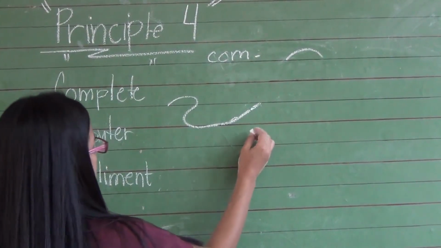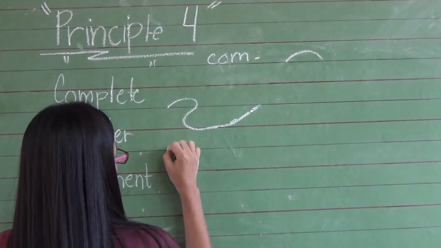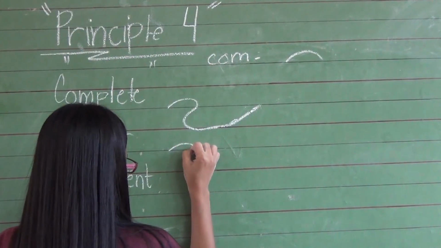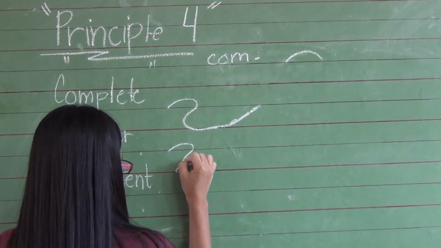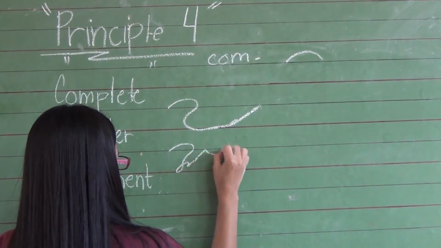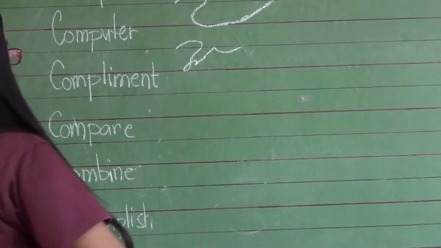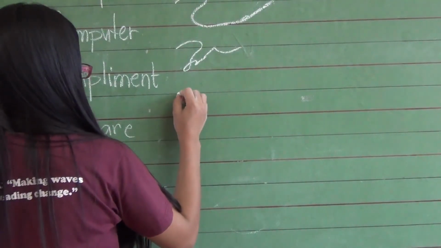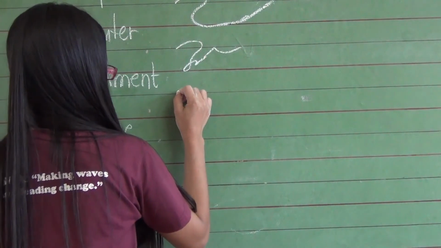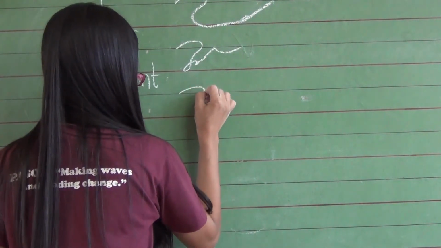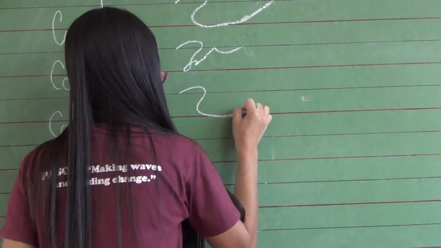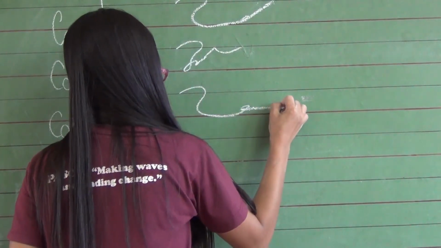It is represented by K, P, E, O hook, T, and R stroke. Next, complement. It is represented by K, P, L, E, and M.